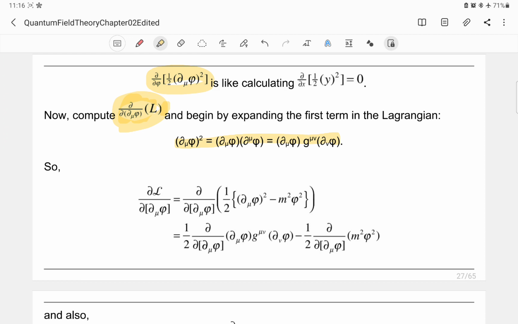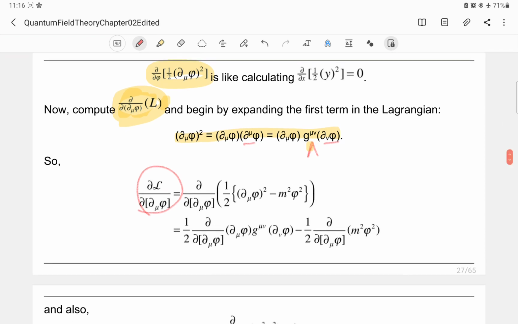And we can use the metric to put the index down of this term here, so that we can get the derivative.